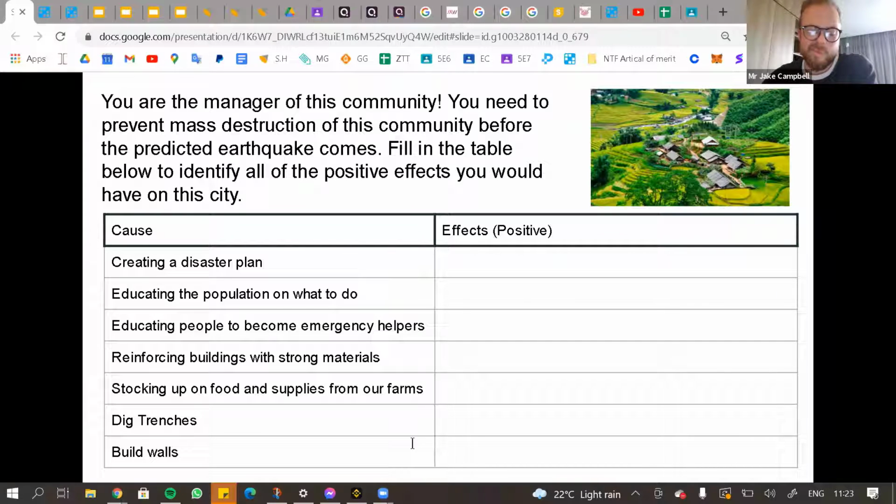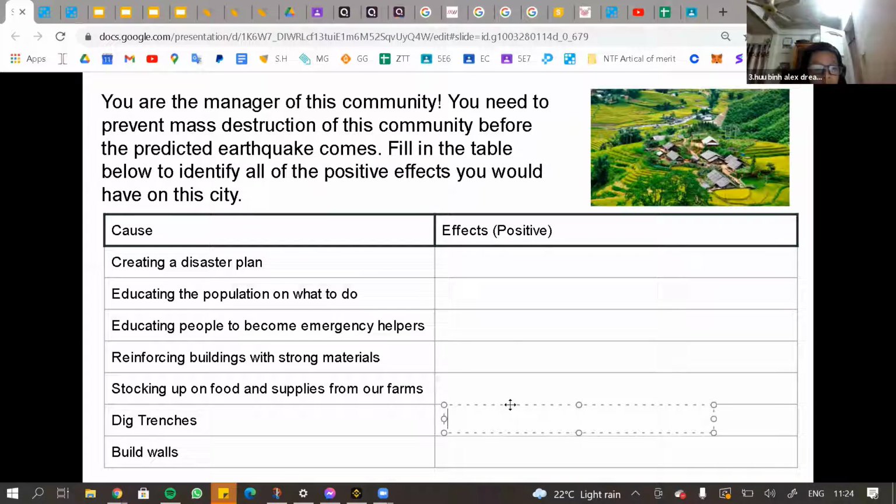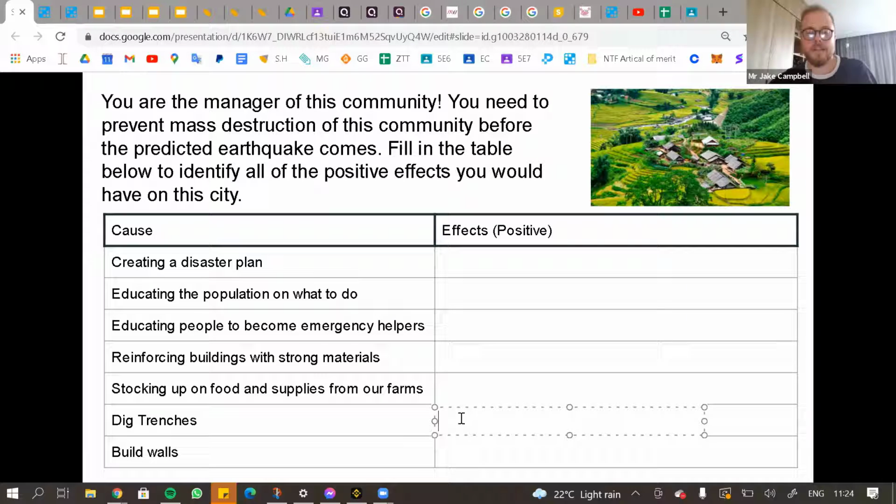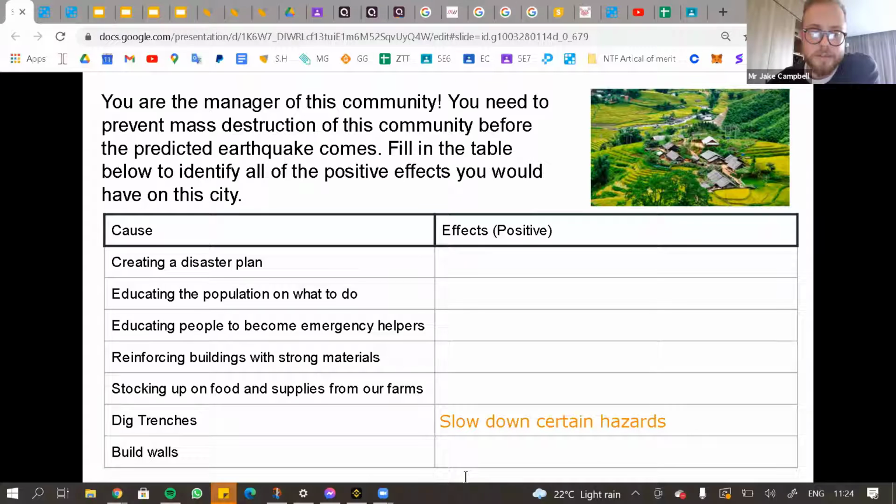We need long trenches, because with short trenches the flood will still come. So trenches basically slow down certain hazards. It might still go past the trench, but at least it slows us down. It gives us more time to evacuate. And honestly, class, building walls is the same answer.